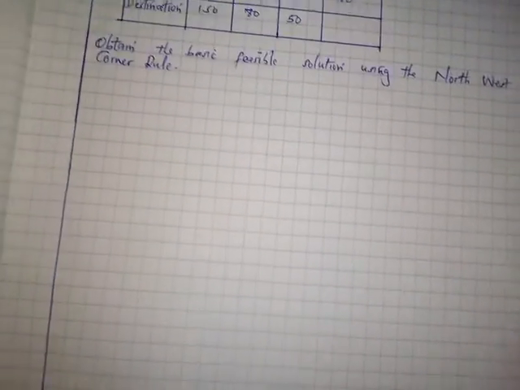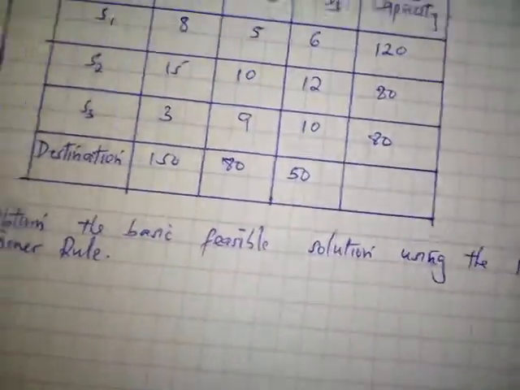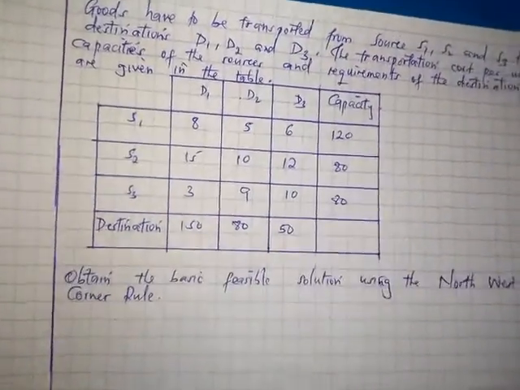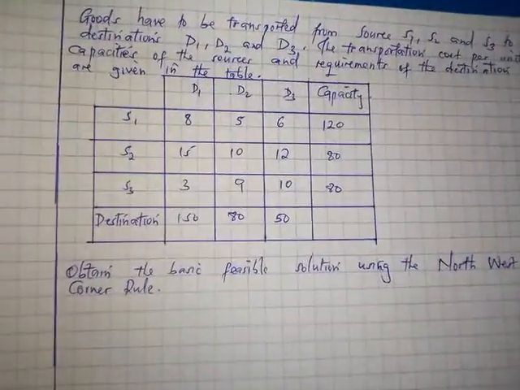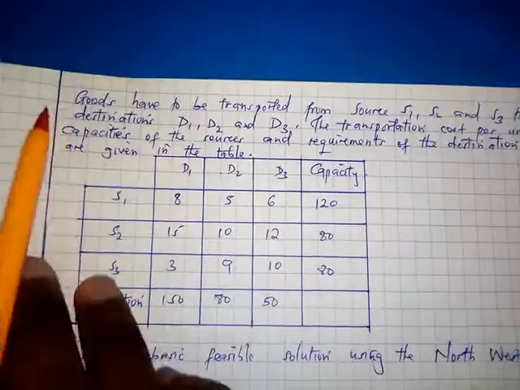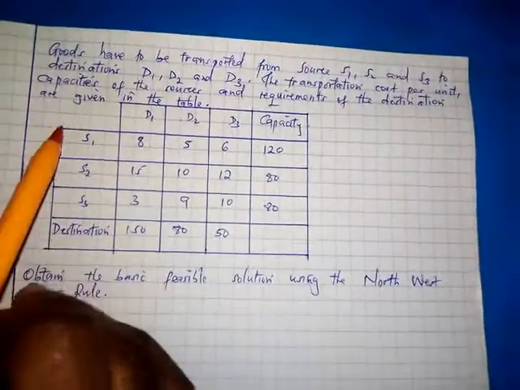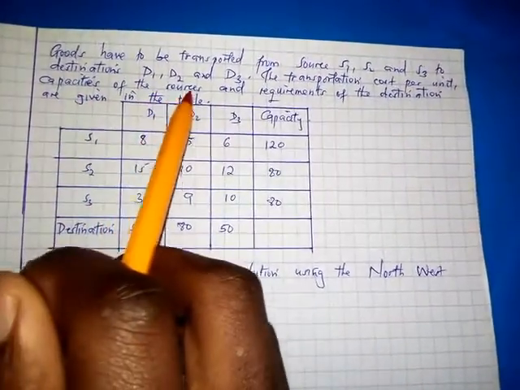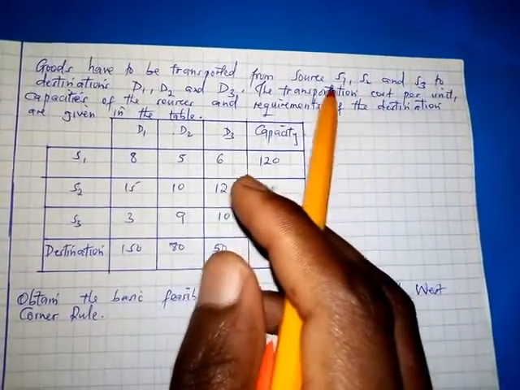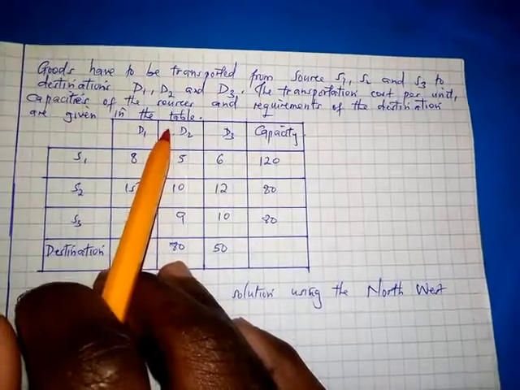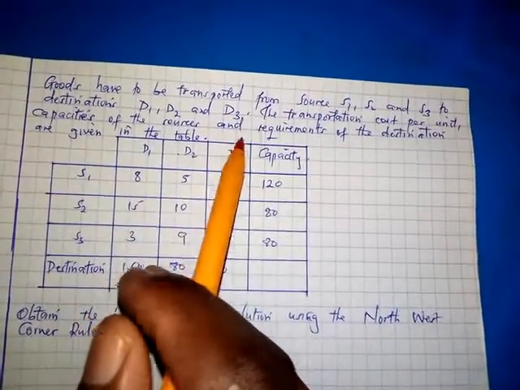Okay, we have a problem here on transportation. That is one of the concepts in operations research. This is the question or the problem. Goods have to be transported from sources S1, S2, and S3 to destinations D1, D2, and D3.